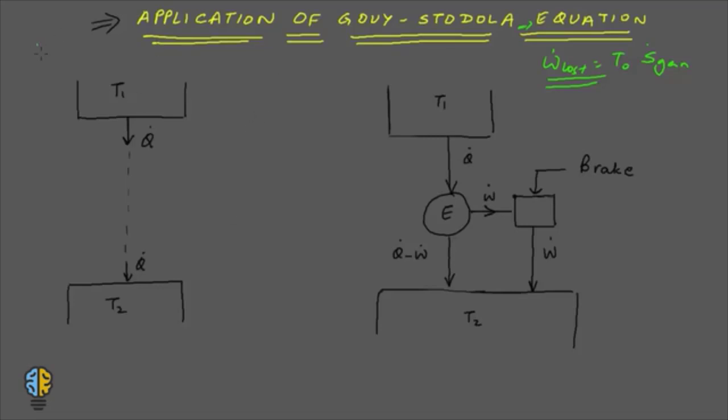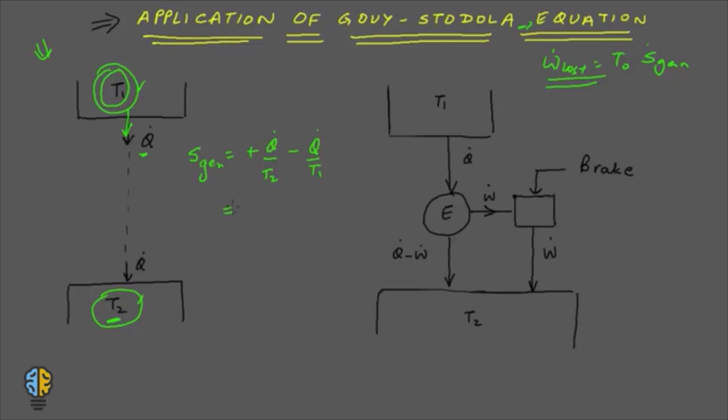If you look at this diagram, what is happening is heat transfer Q dot occurs from hot reservoir T1 to the cold reservoir T2. During this transfer of heat from the hot reservoir to the cold reservoir, if you talk about the entropy generation, S gen, the reservoir at T2 is gaining heat, so you would have plus Q dot upon T2, and the reservoir at T1 is losing heat, so you will have minus Q dot upon T1.